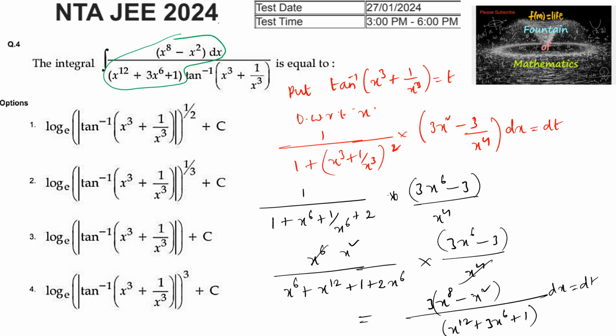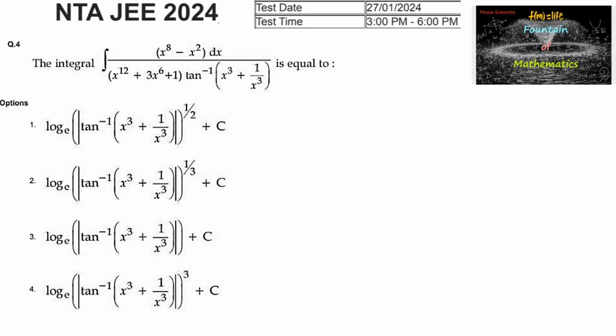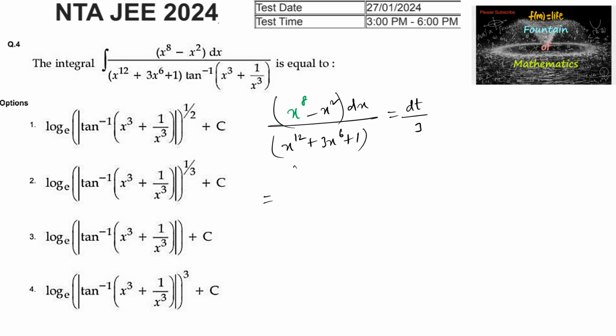So dt by 3 we can write here, so that (x^8 - x^2) dx upon (x^12 + 3x^6 + 1) is equal to dt divided by 3. So our integral we can write 1 upon 3, dt divided by t, where t is tan inverse of (x^3 + 1)/x^3.